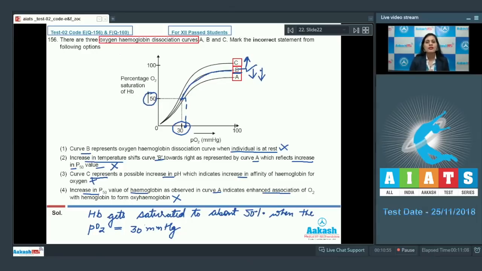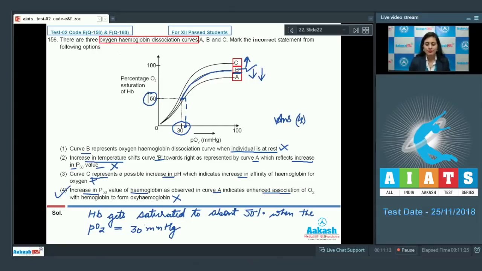So this will lead to dissociation of oxyhemoglobin rather than association of oxygen to hemoglobin and formation of oxyhemoglobin. So this is an incorrect statement and it is the correct answer to our question. So the correct answer for this question is option number 4.